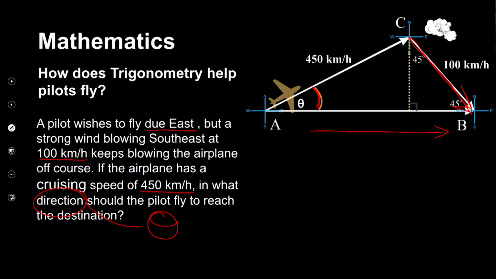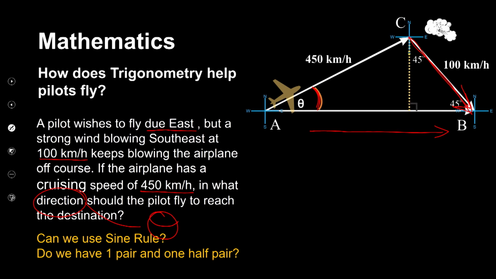Okay, so let's look at this diagram a little bit closely. What are we given in this diagram? We're given this angle 45, so we're given one angle, and we're given this side 450 kilometers per hour, and we're given this side 100 kilometers per hour.